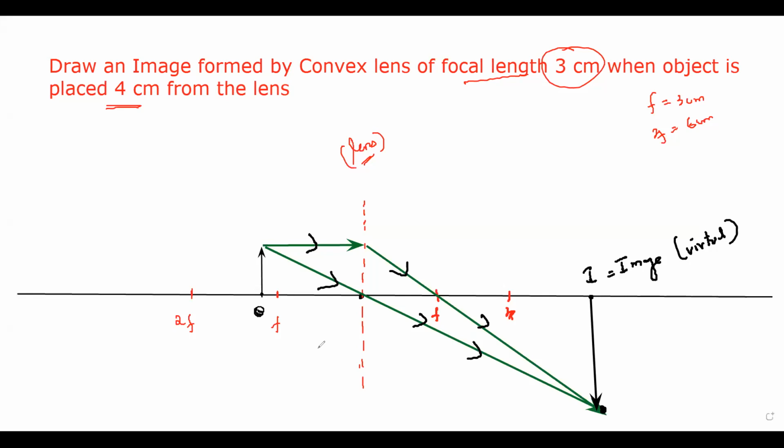So whenever the object is placed after F, the image will be real. But in some cases the image won't be a real image, it will be a virtual image. In this case, it is all the cases a real image.